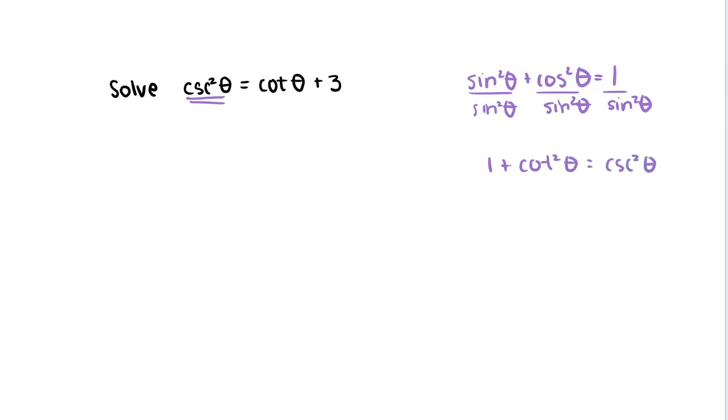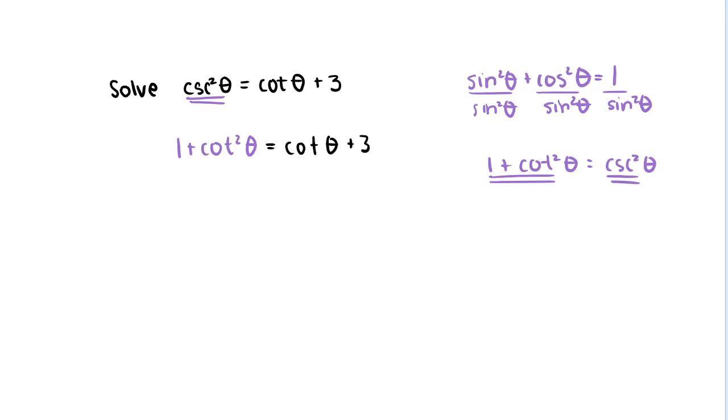And so here, because we see that cosecant squared of theta, and we have a cotangent of theta in this equation, it might be helpful to make the switch from cosecant squared of theta to 1 plus cotangent squared of theta. And so let's rewrite that cosecant squared as 1 plus cotangent squared of theta, right? That Pythagorean identity is telling us that those quantities are the same, regardless of the value of theta. And so we can make this switch.